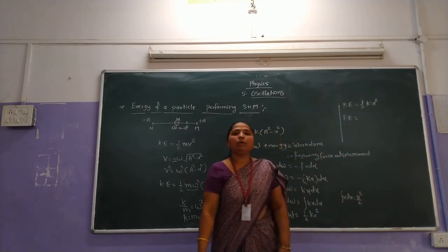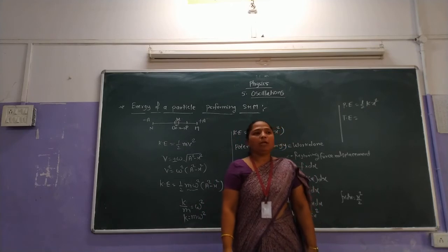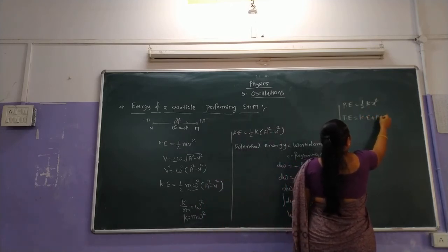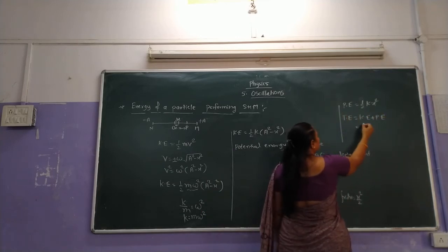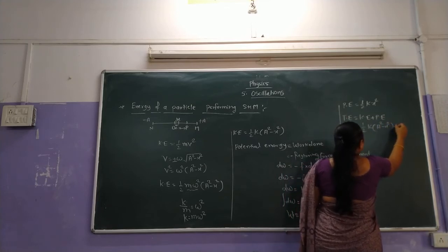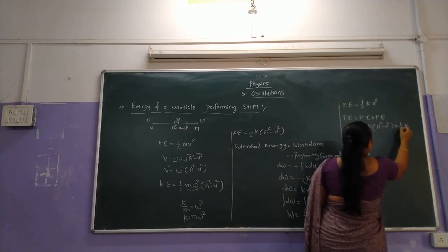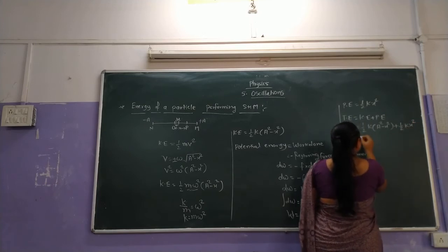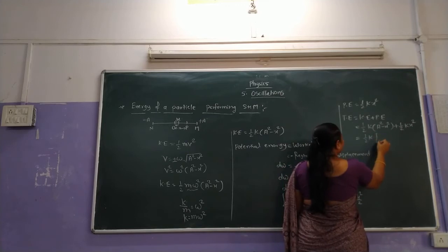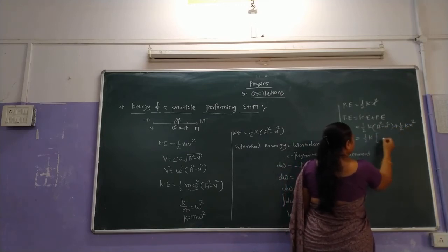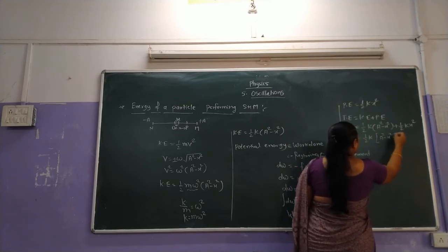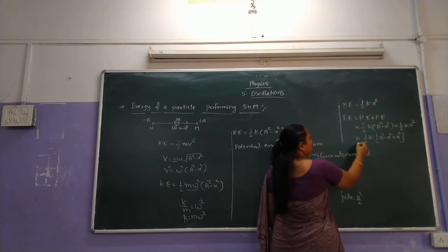Total energy is equal to kinetic energy plus potential energy, which is half k in bracket a square minus x square plus half kx square. Taking half k as the common term, a square minus x square plus x square, the x square terms cancel.